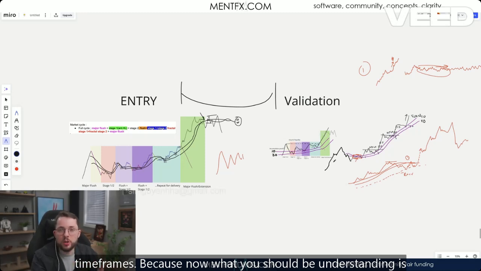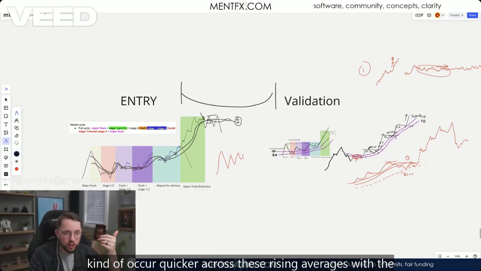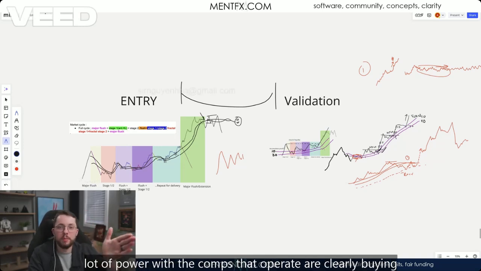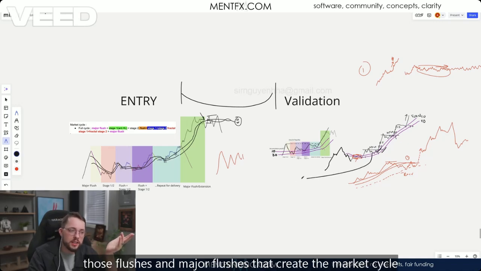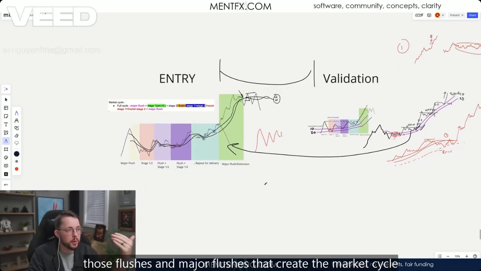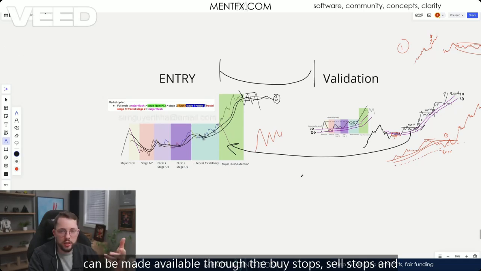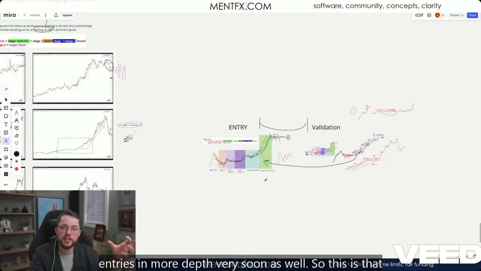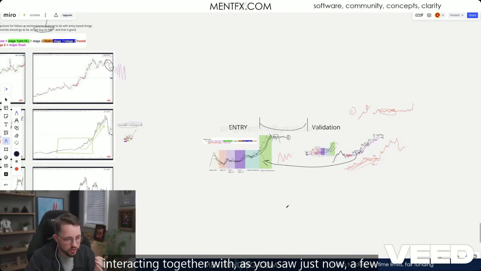Because now what you should be understanding is that the momentum-based MBs, the ones that occur quicker across these rising averages, with the averages moving higher with a lot of power, with the composite operator clearly buying it up and moving in that direction, those pauses are indeed those flushes and major flushes that create the market cycle of the entry time frame, which lead to the opportunities available to you, which are the demand-based entries that can be made available through the buy stops, sell stops, and all that other stuff, right? And we're going to talk about entries in more depth very soon as well. So this is that bridging the gap of the E and the V and how they're interacting together with, as you saw just now, a few examples.